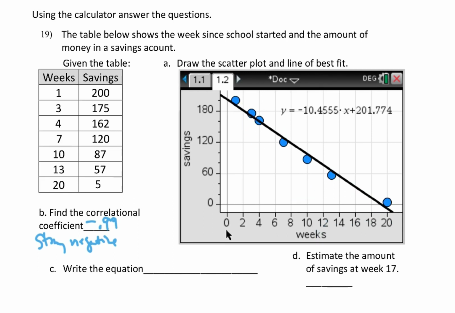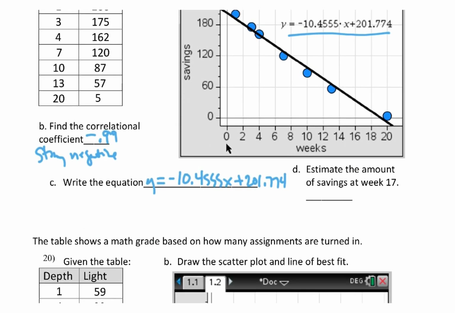We also have the equation, which I'll write down here: negative 10.4555 times x plus 201.774, right? Then we solved it in the calculator, though I could also solve it by hand, because this was x.